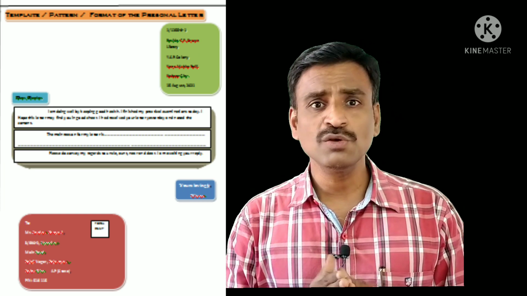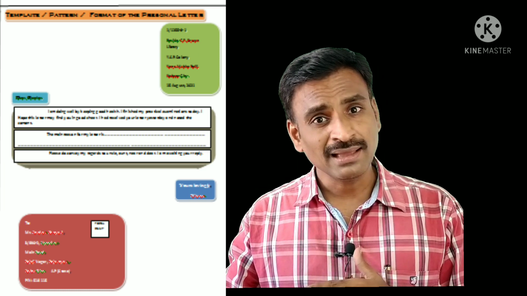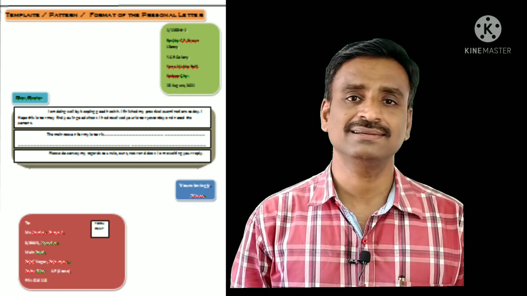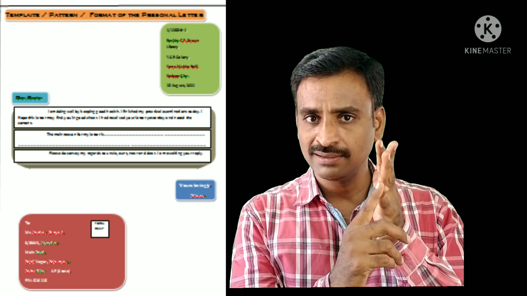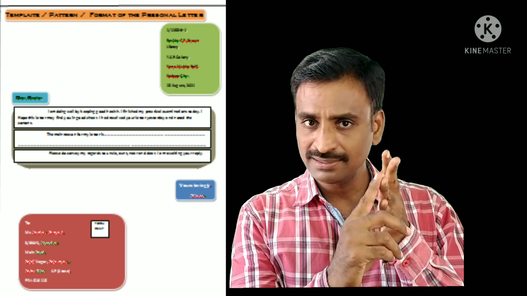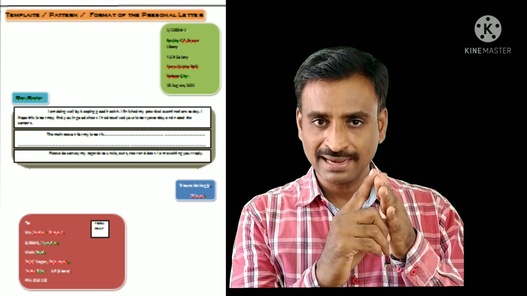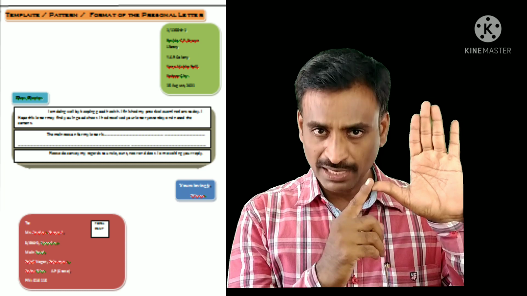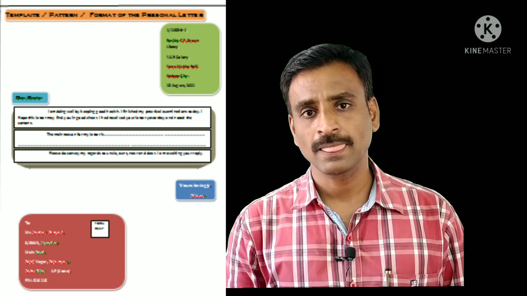In a conventional way, we write by excluding our name, we present our entire address here. So it includes door number, landmark, area, post, and the name of your city or village, and at the end you can write the date.